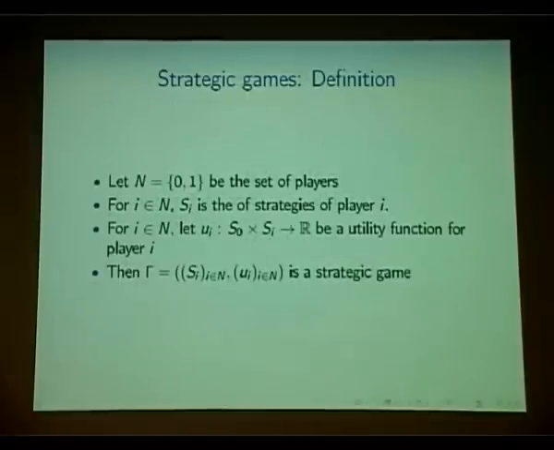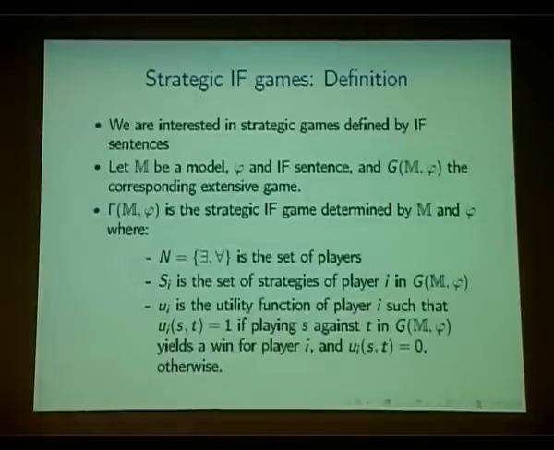So we move to the strategic game. This definition is well known. We are in the case of a two-player strategic game, and we are interested in strategic games which are defined by IF sentences. The strategies of the existential player are her strategies from the semantical extensive game, and the strategies of the universal player are his strategies from the extensive semantical game.